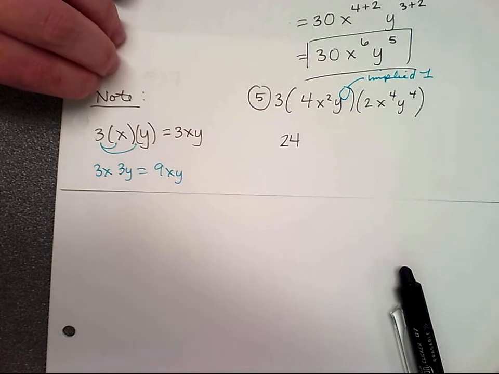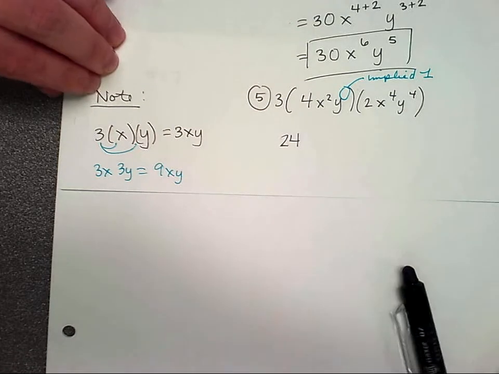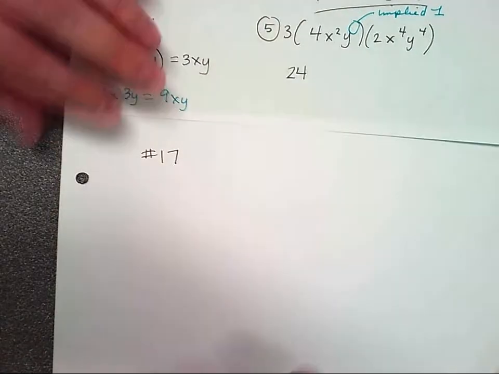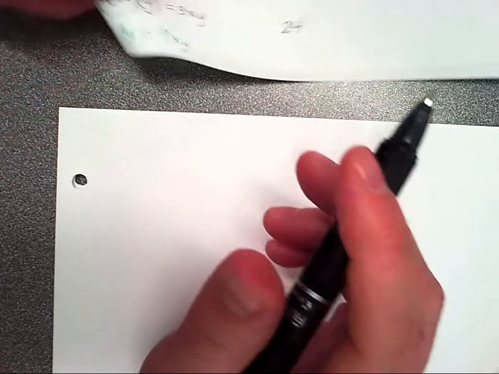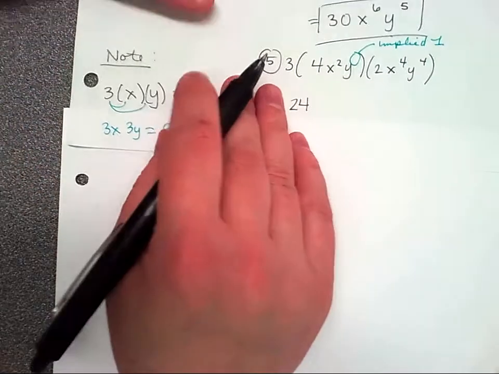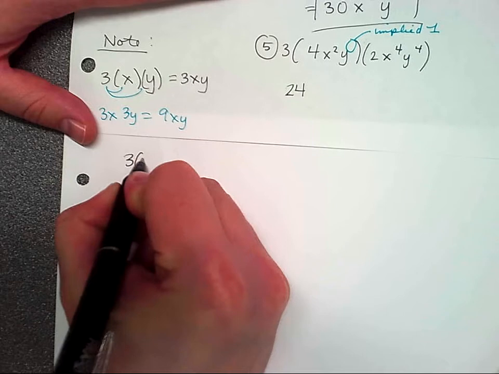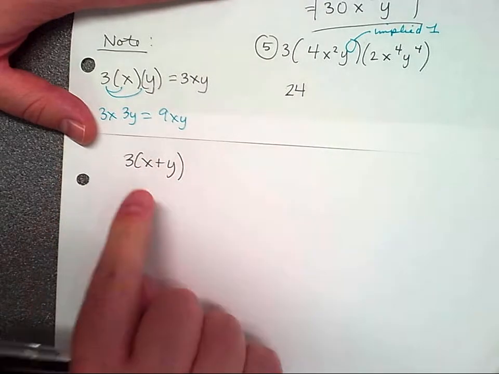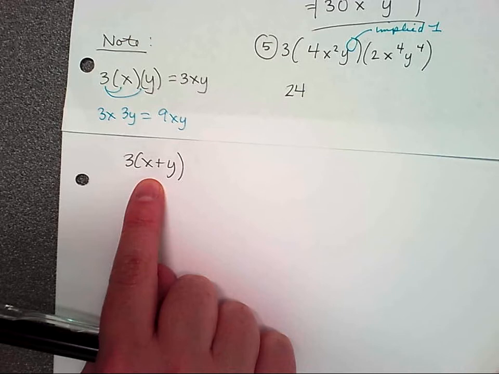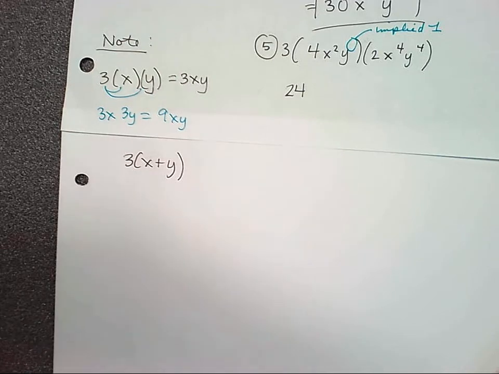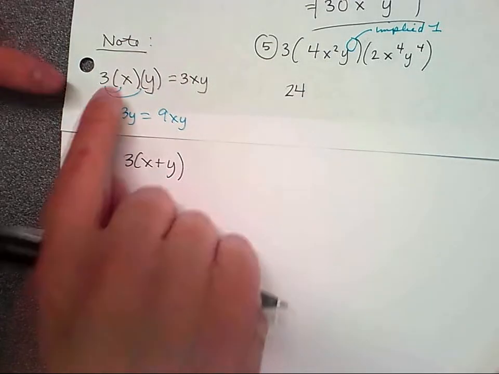It's because the operation is multiplication, right? What you're thinking is 3 times x plus y. You're thinking the operation of addition here. A lot of people make this mistake, right?